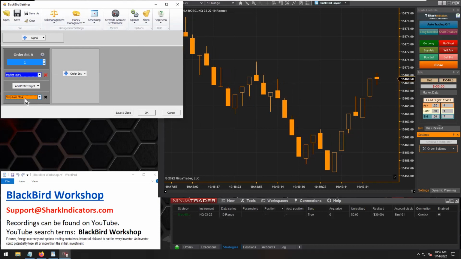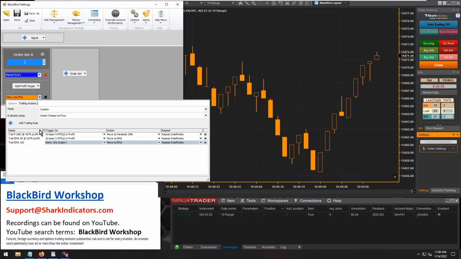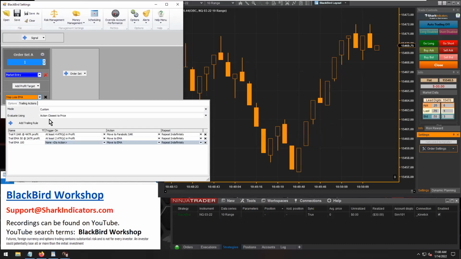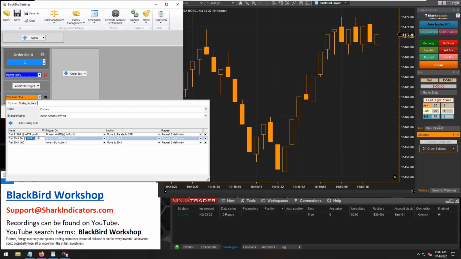Now with the risk management option enabling widening of the stop loss, you can go in here. For example, let's pick the trailing EMA 50 at 2 ATRs.